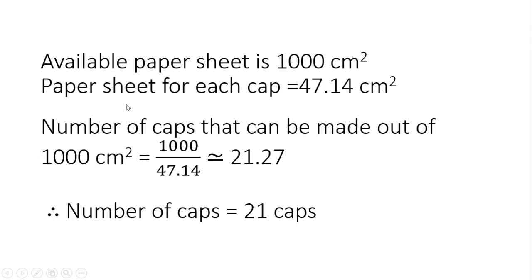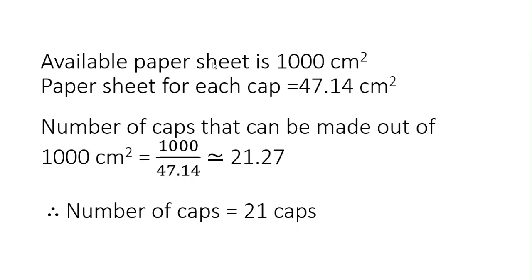To find the number of caps, what can we do? We divide the available area of the paper sheet by the area of each joker cap. When we divide it, we get the number of caps that can be manufactured. It is a simple division. Total paper available is 1000 square centimeters, and each cap requires 47.14 square centimeters.